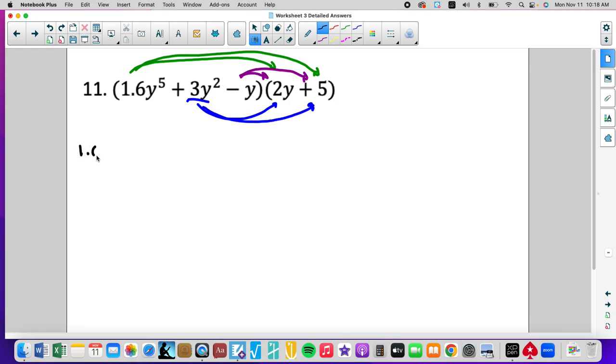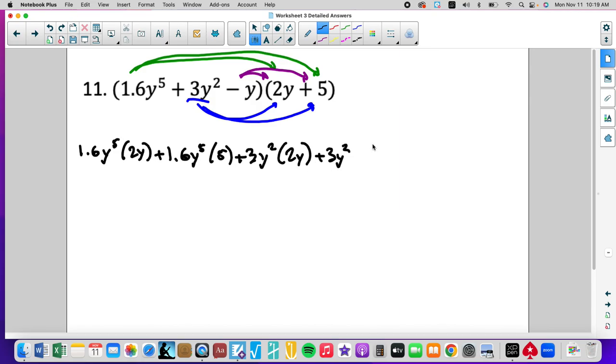Let's write it. 1.6y to the 5th times 2y plus 1.6y to the 5th times 5 plus 3y squared times 2y plus 3y squared times 5 and minus y times 2y and minus y times 5.